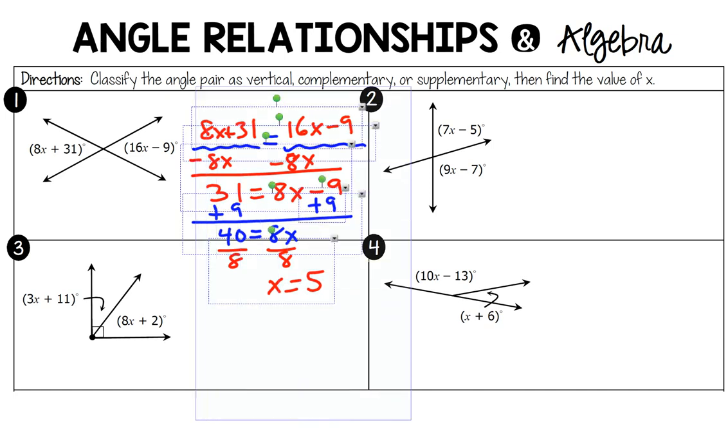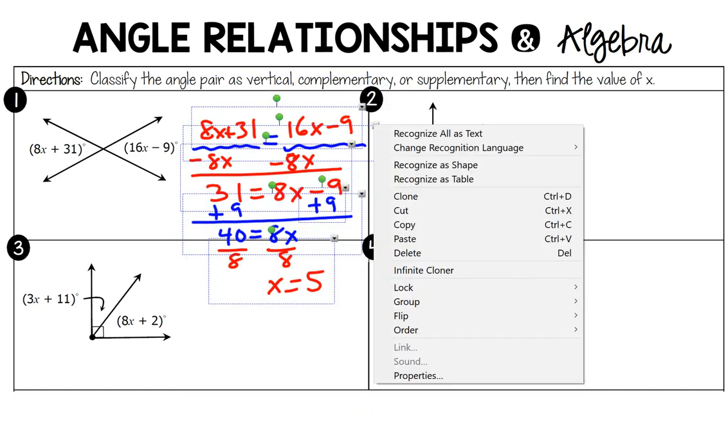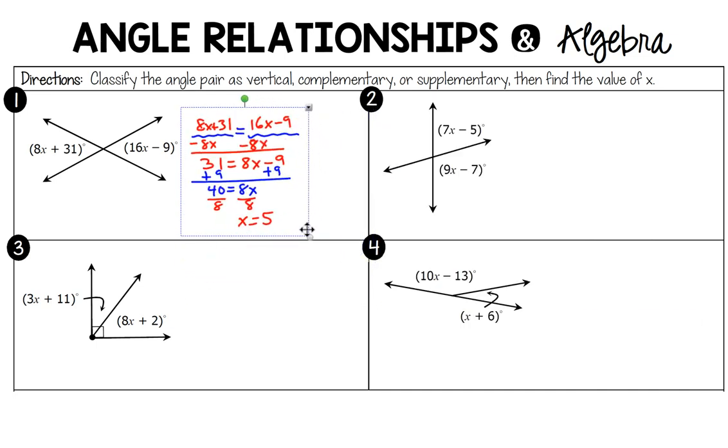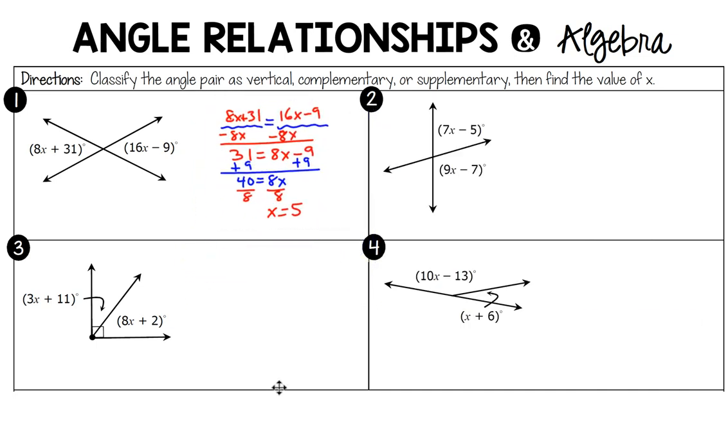So I did a lot of math here. Let me shrink this down so it fits in this box. Now I found what the measure of x is, but if it asked me to find what the measure of the angles are, I'd have to go a little bit further. Now this example doesn't ask for that. It just says find the value of x.